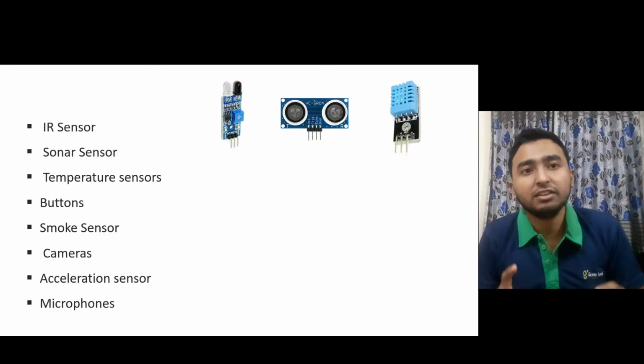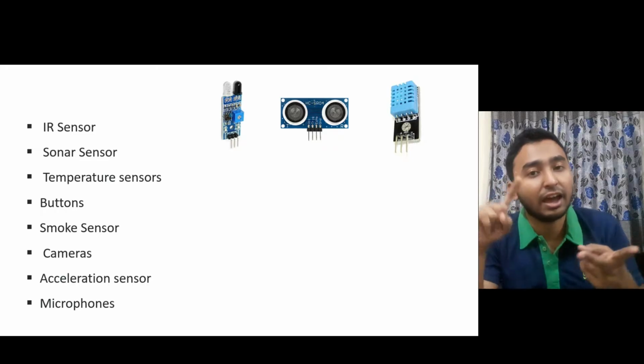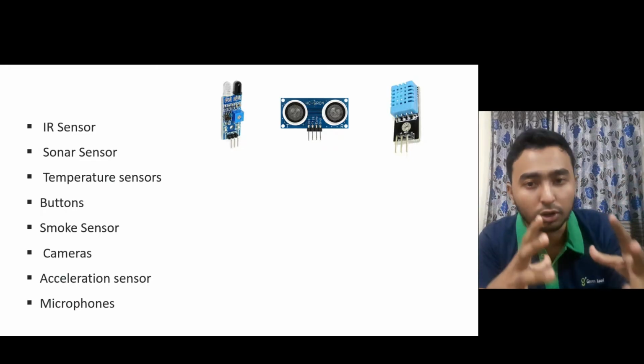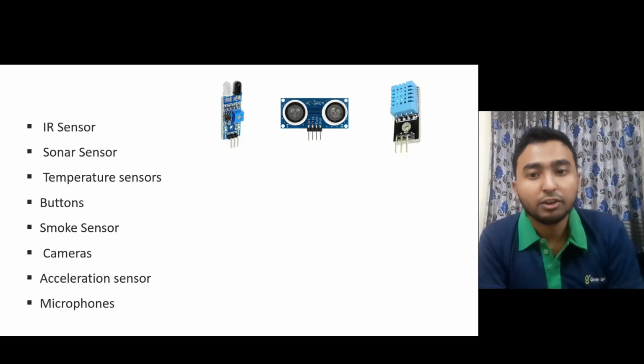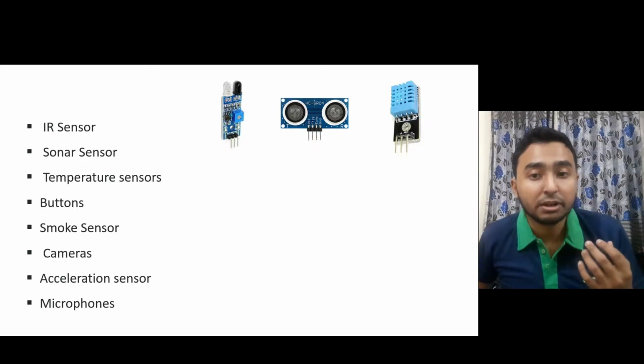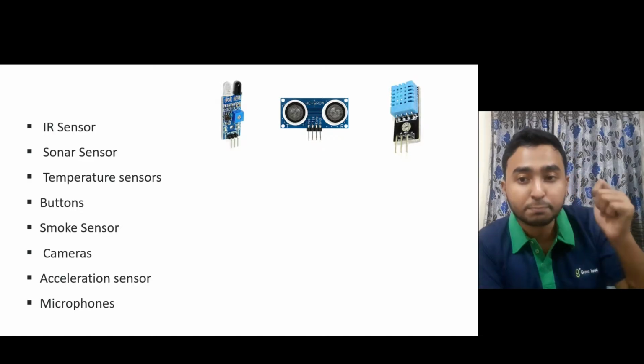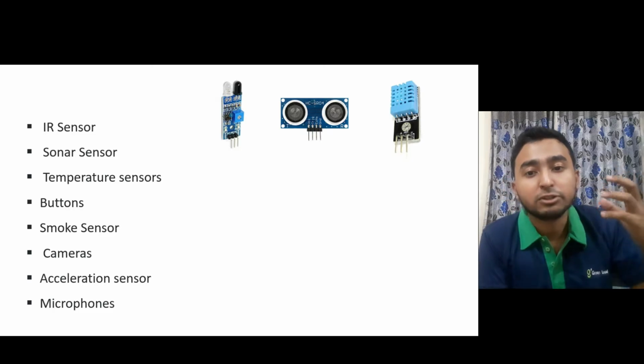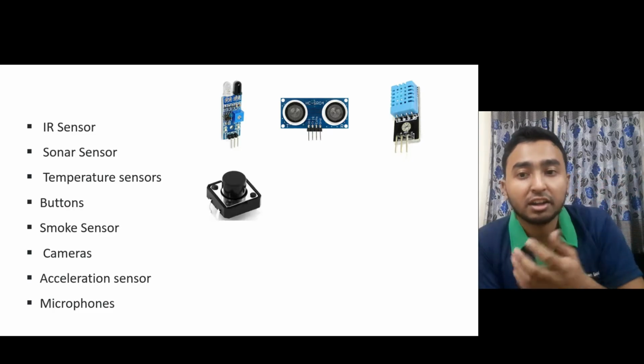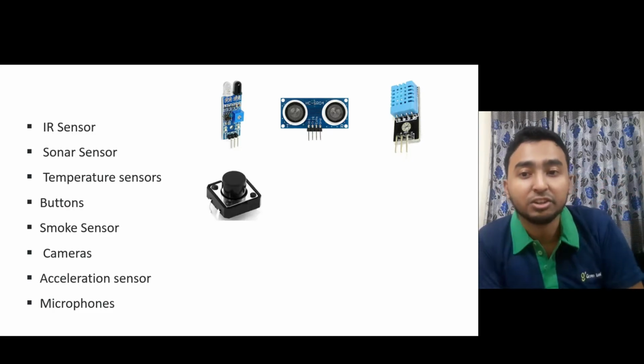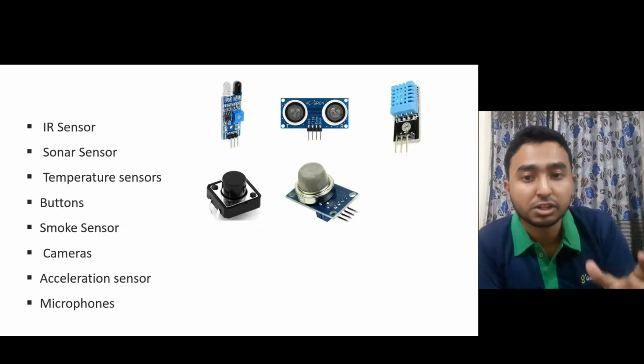So what you get is a humidity sensor and a temperature sensor as a whole. And then you can see that there are different buttons that can detect if we have pressed something or not. We have a smoke sensor to detect certain kinds of gases, and you have cameras for visual data.